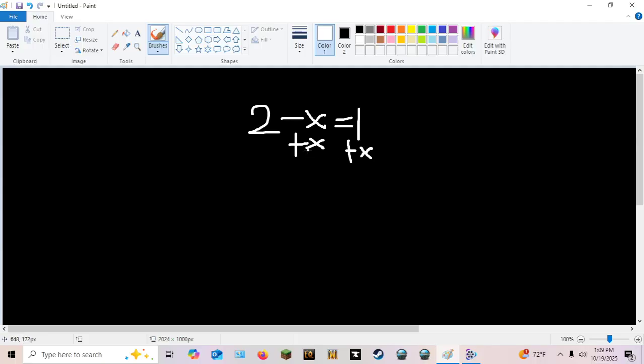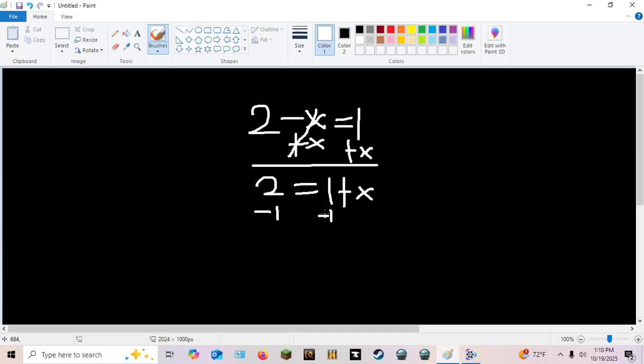Okay, negative x and positive x cancel. And then we have positive x on the right side. Draw a line. 2 is equal to 1 plus x. Now, instead of subtracting x, we need to subtract 1 from both sides.